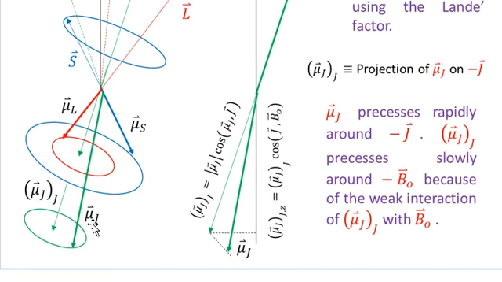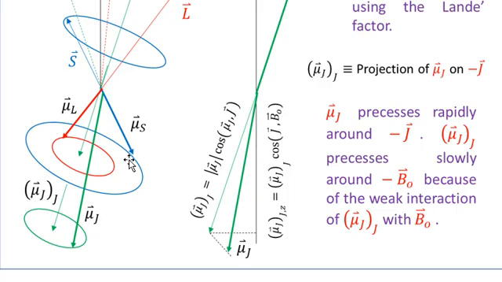So this mu j carries out a precessional motion about a vector which is anti-parallel to the vector j, and that vector is what we call mu jj. In principle, the projection of mu j onto the vector which is anti-parallel to vector j is referred to as mu jj.